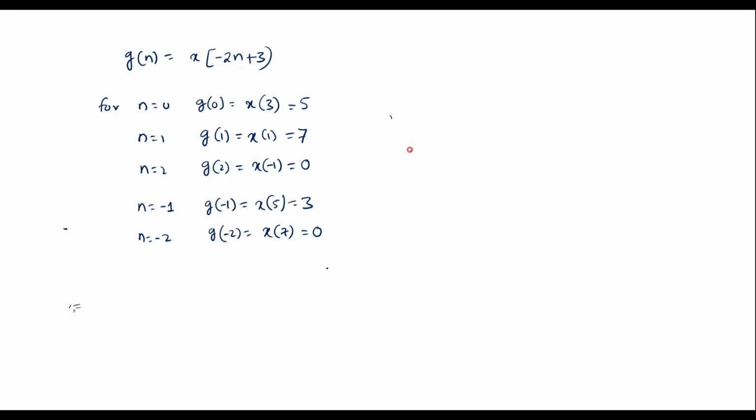Now let me draw the g of n signal. So let this be g of n signal. So this is n axis, n is equal to 0, 1, 2, 3, 4 and so on, minus 1, minus 2, minus 3 and so on.